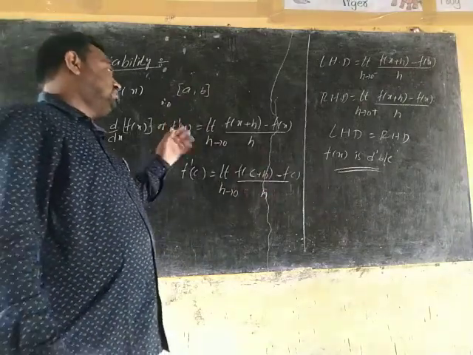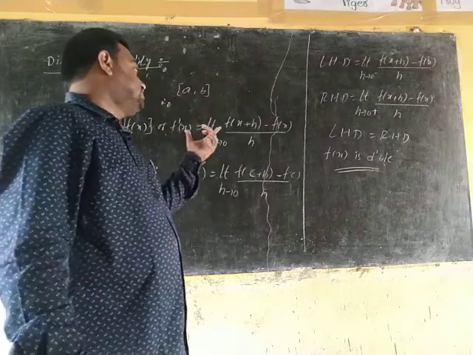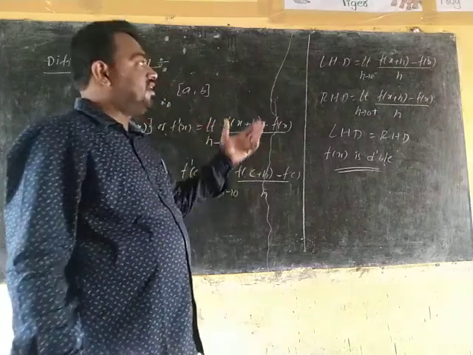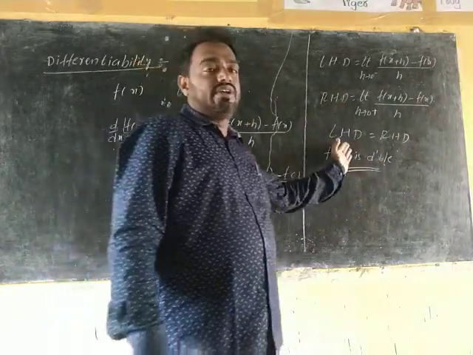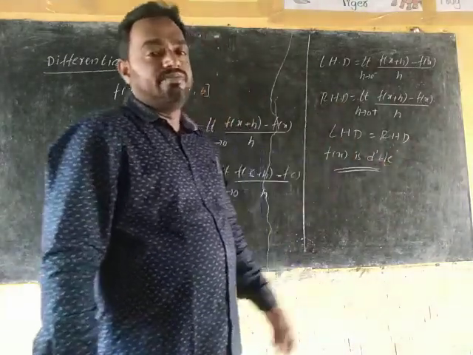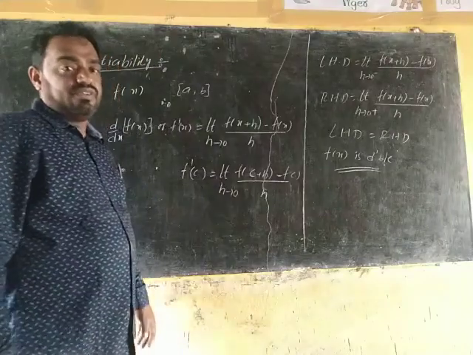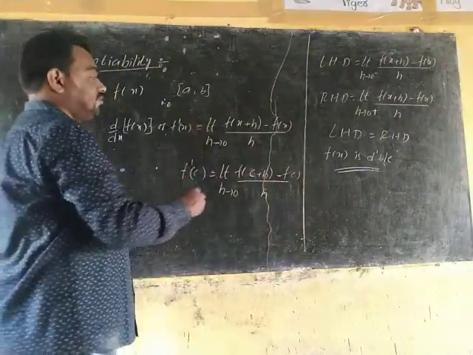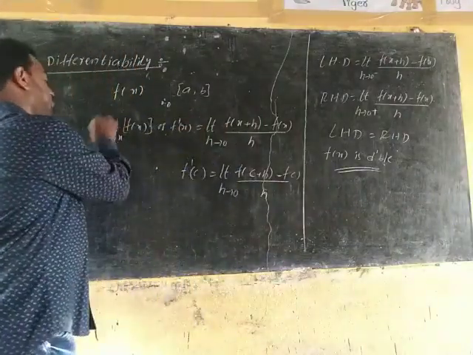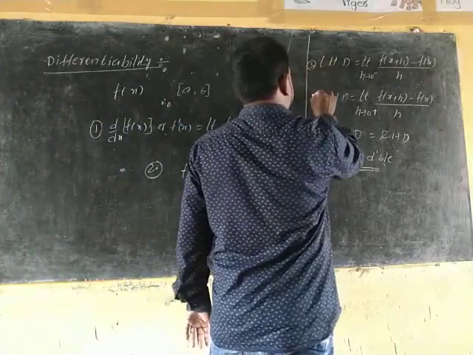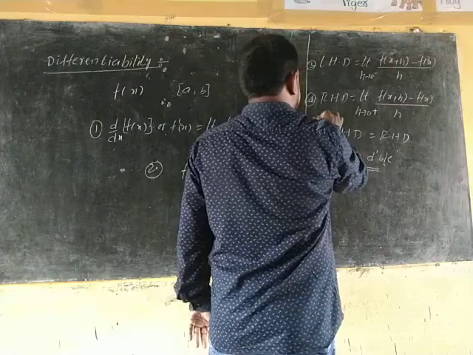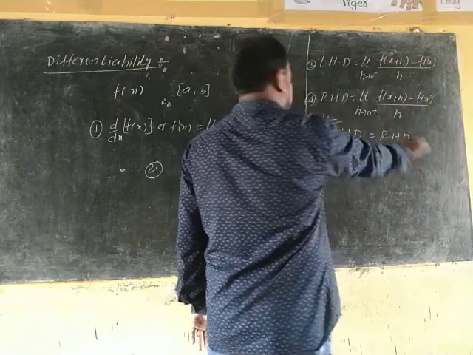So simply remember this formula and this formula, the left hand limit and right hand limit. If the left hand limit and right hand limit are equal, then f is differentiable. Which ones do you need to remember? Formula number 1, formula number 2, formula number 3, and number 4, and take this as a note.